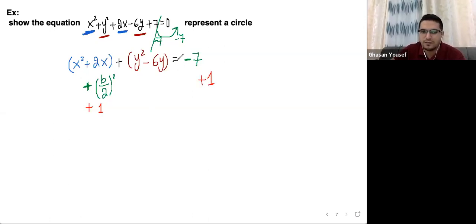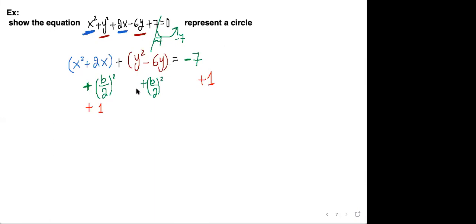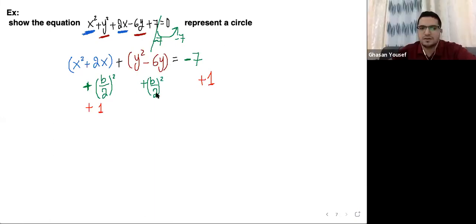after the equal sign. Now we also have to complete the square for the y. What's the complete square for this one? Again, b over 2 squared. What is it? 9. Minus 6 over 2 is minus 3, squared is 9. This is correct. So plus 9 here, plus 9 here, both sides.